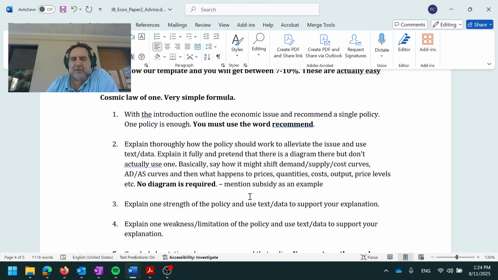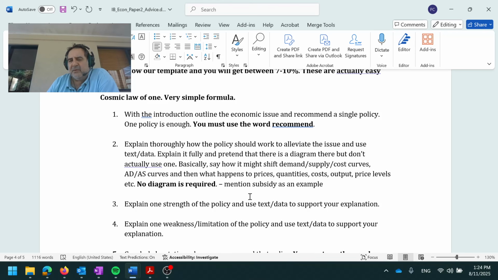Increasingly so, we're seeing questions around macro on paper 3, so it could be just talking about AD-AS curves. And obviously when those curves shift around, then you need to explain what happened in terms of prices, quantities, costs, output, price levels, etc. Okay, so you're explaining stuff as if there was a diagram there, but you don't actually have a diagram there.